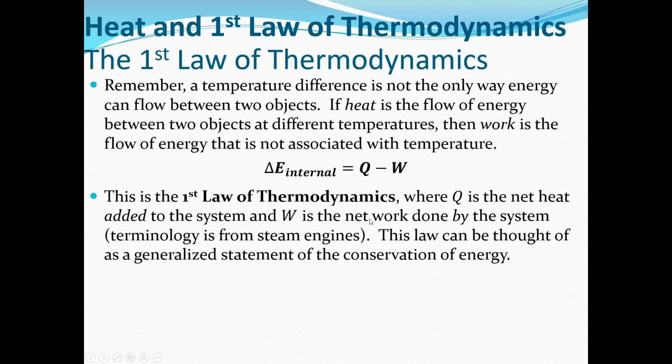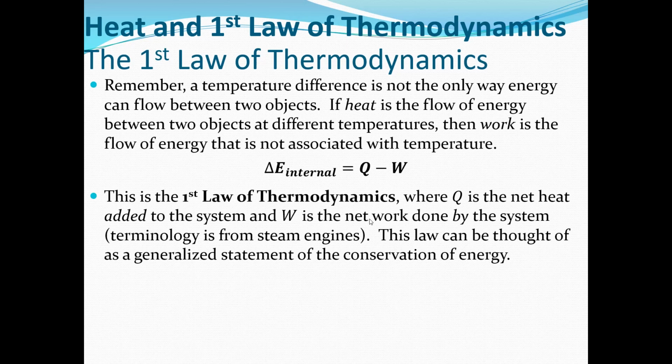Now, one thing that I really want to stress is that this equation will change if you look online. When you go online, you might see it as Q plus W. The sign convention is based strictly on how you're defining work and heat. A lot of times you might see Q plus W, where W, the work, is being defined as the work done on the system.